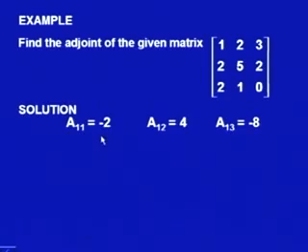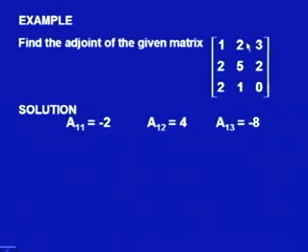I call A11 the cofactor of the first element in the first row and first column. This I obtained by neglecting this row and this column and forming the determinant of this submatrix. Determinant of this submatrix is 5 into 0 minus 2 into 1, that means minus 2. So, A11 comes out to be minus 2.